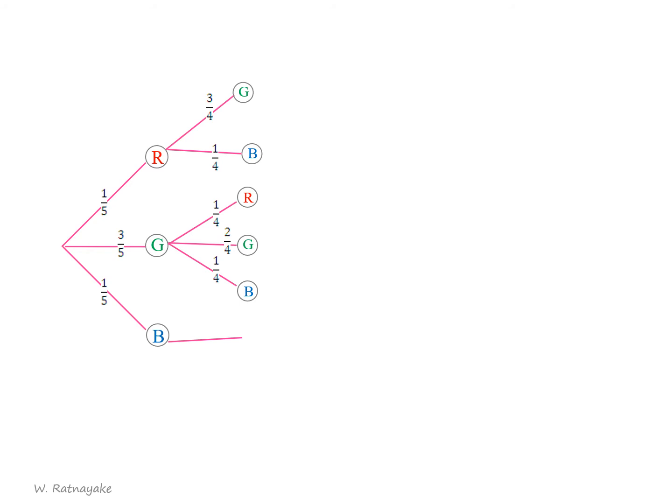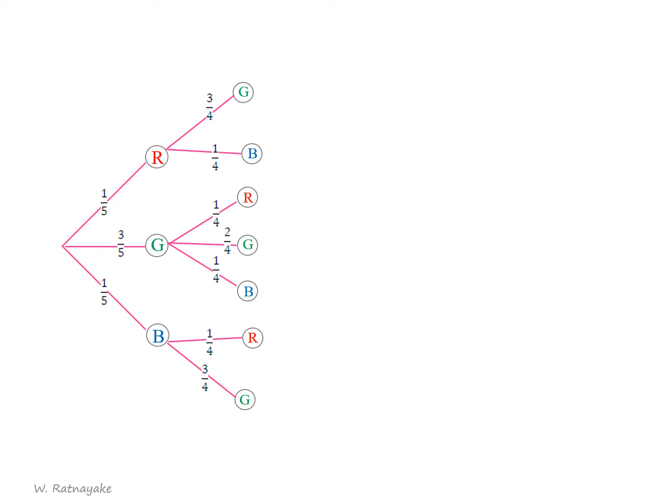Those are R and G. Probability of R is 1/4, probability of G is 3/4. So this is the reasoning we have to do when you draw this tree diagram, and then you have to decide the probabilities of each branch of the tree diagram.